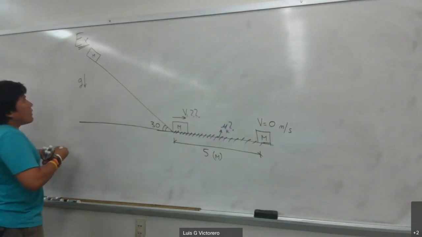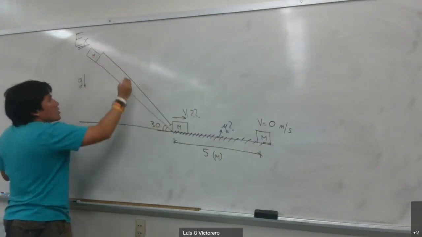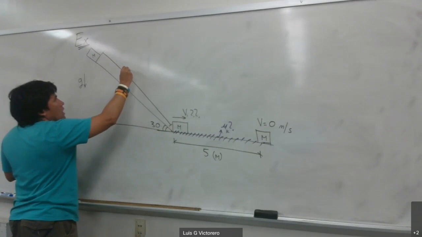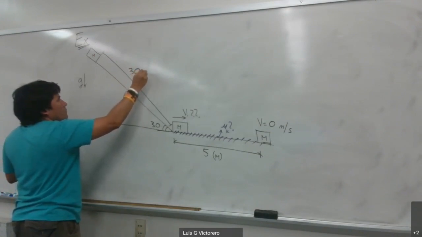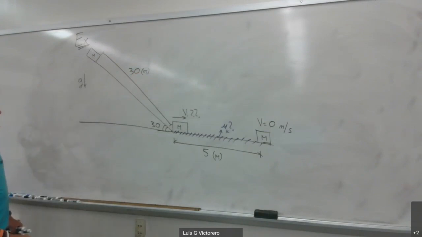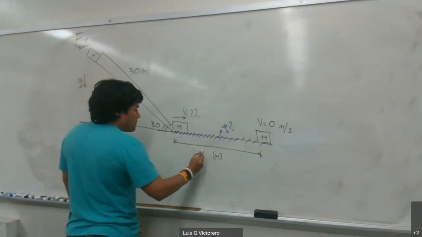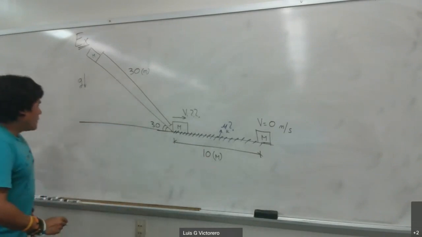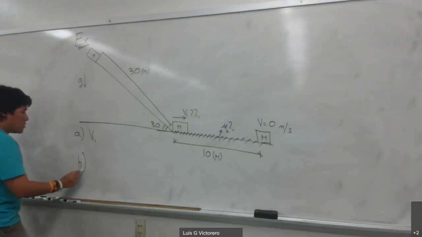So let's say that all this length is 40 meters. Let's make this M10. Okay. So part A, we're gonna find V1. Part B, we're gonna find mu.